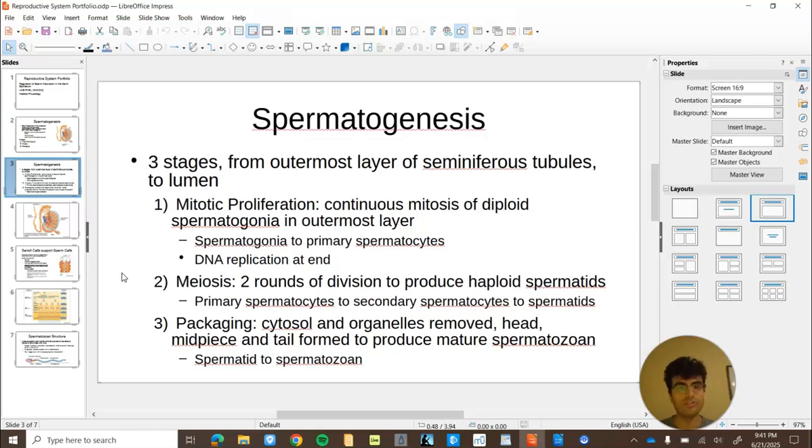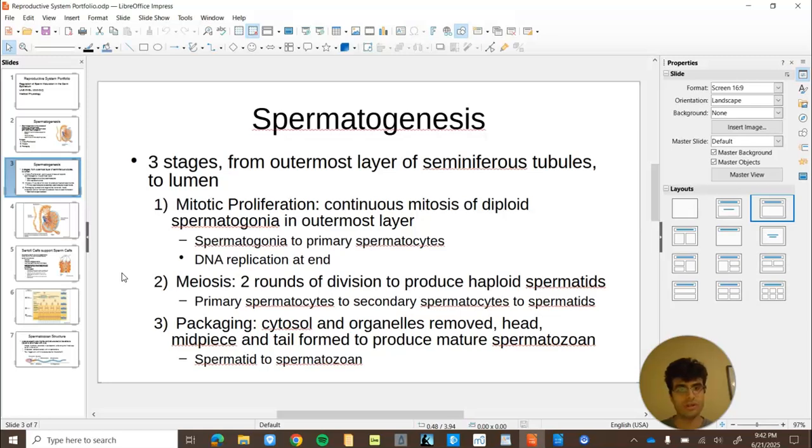So we start with the spermatogonium that's going to undergo mitosis to become spermatogonia. Then there's another round of mitosis for the primary spermatocytes to form. Then we have meiosis. So meiosis is a little different than mitosis. It is not identical daughter cells.